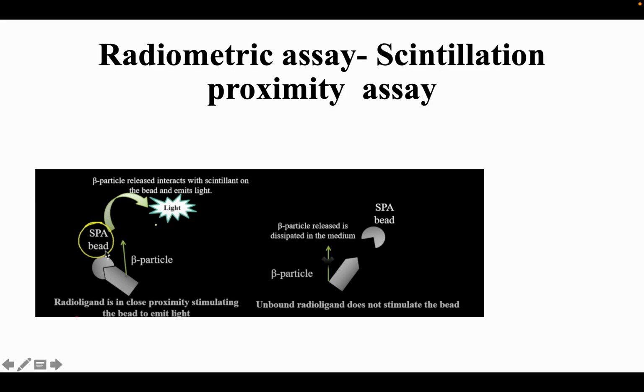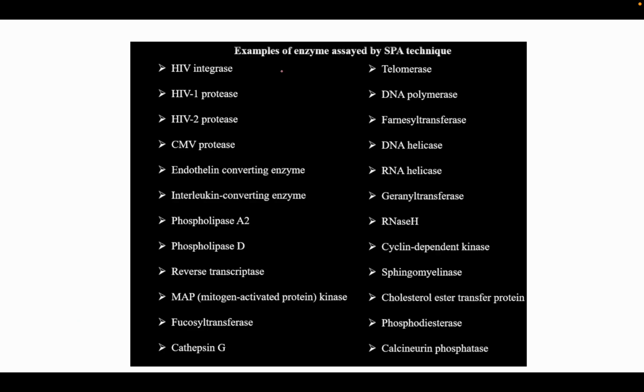These beads could also be biotin labeled, and then you can use a biotinylated tag and do an SPA assay. So these are examples of different enzymes that can be assayed by SPA techniques.